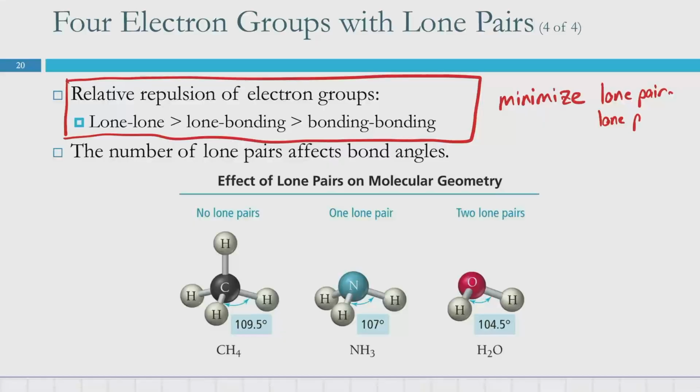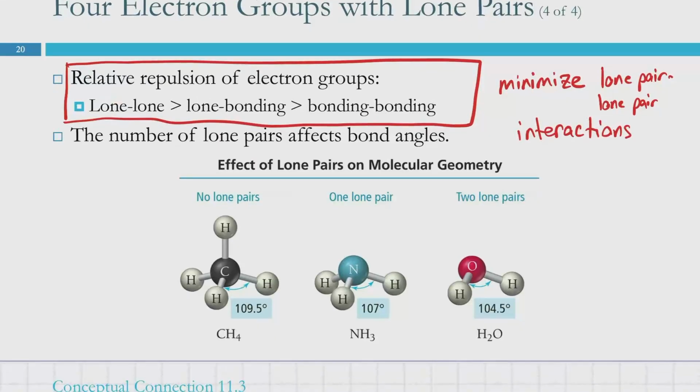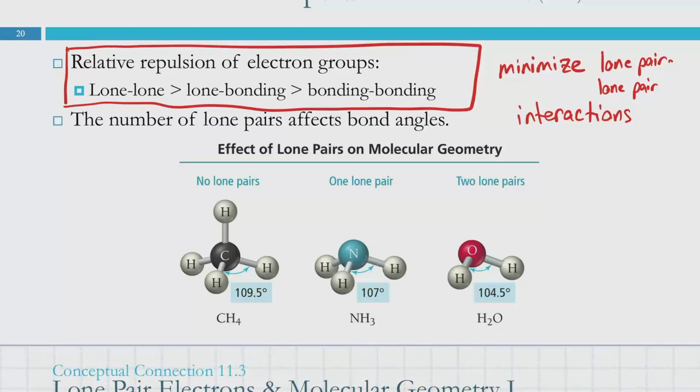So we want to minimize lone pair interactions. This would be like if we were planning a party and we know that there's two people that are there, maybe they're exes, they really just don't get along because they had a terrible breakup. And so if we're thinking about how we can lay out the party, we might think, okay, let's make sure that one of the friend groups is in this one room and the other friend group is in this other room, so that those two people, if they both show up, are not interacting with each other.